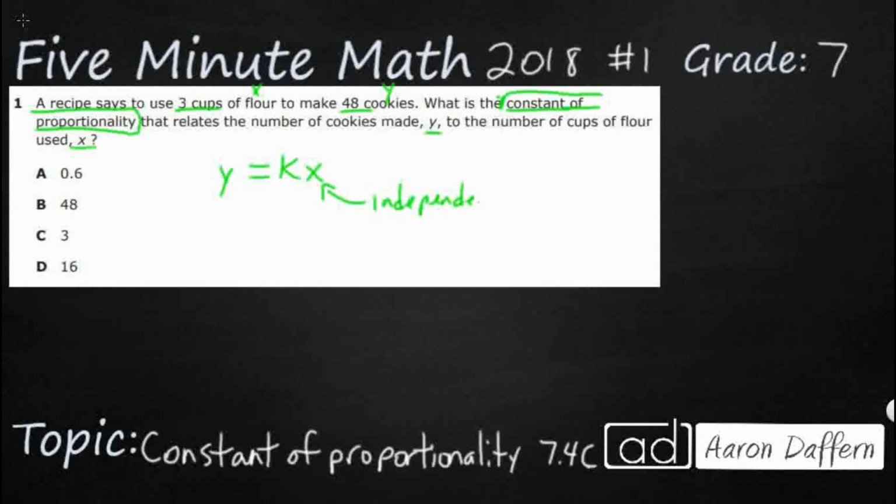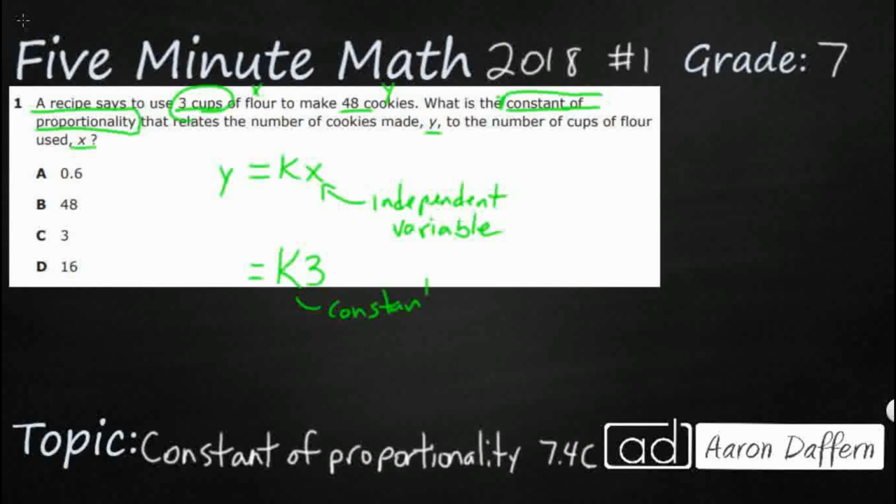That's where we get things started. Whenever we're dealing with some type of math problem, we have to start with something. In this case, we're starting with 3 cups of flour. So let's just put that right there. So 3 cups. We do something to it, right? And that is going to be our k. So this is going to be our constant of proportionality, which is what we're looking for.